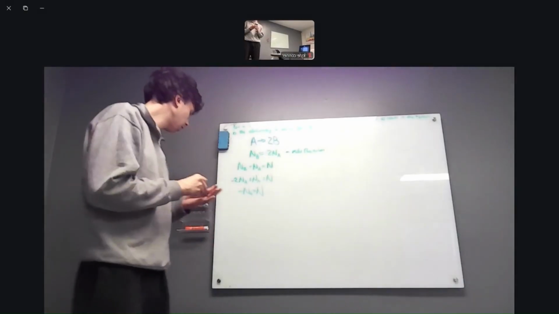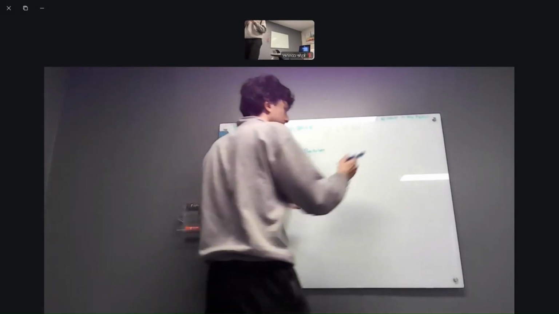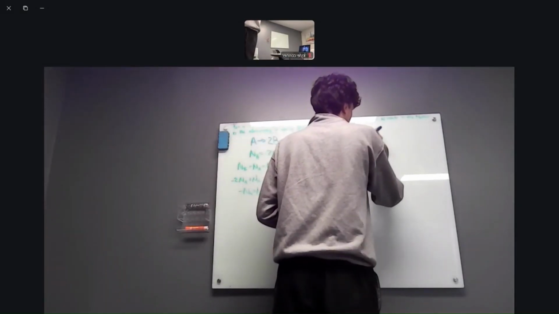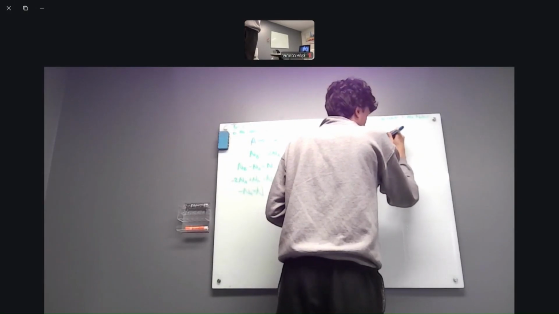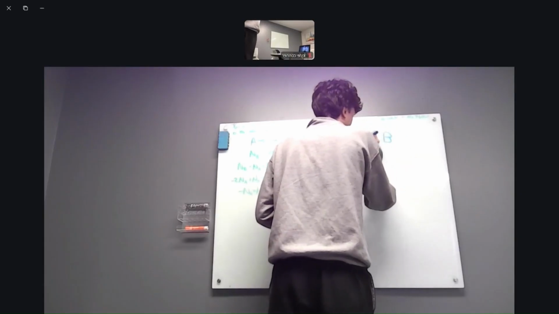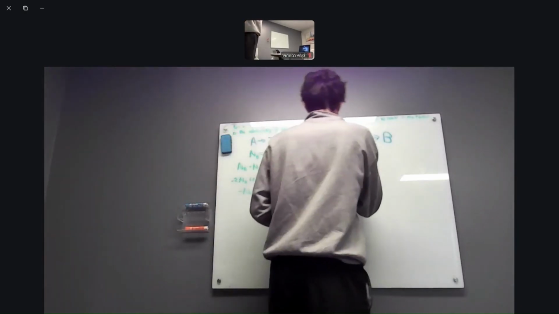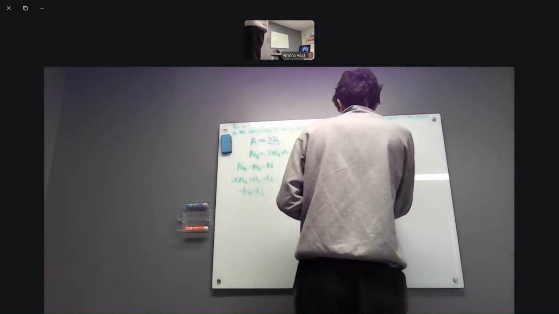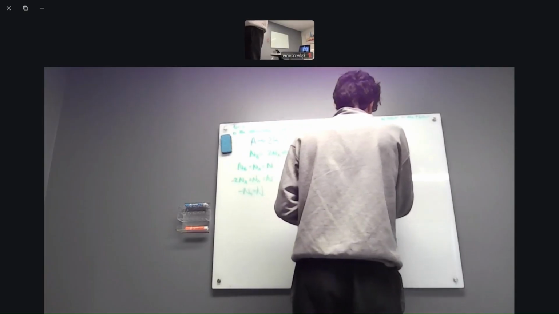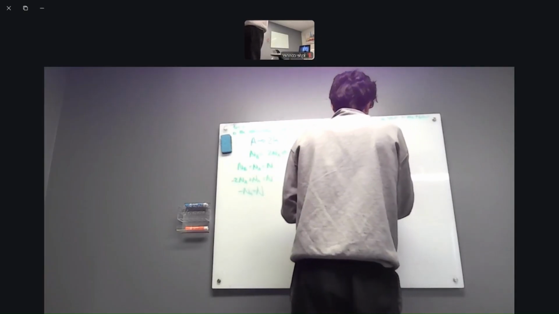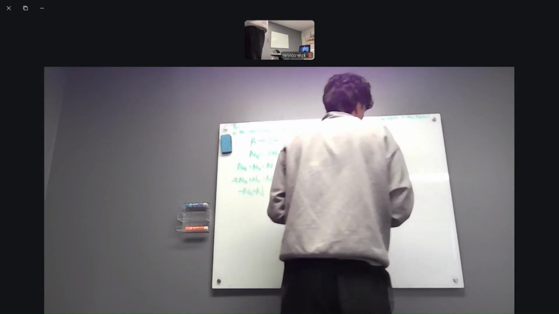So now looking at our other side, that 3A being converted to B. So our molar flux balance is NB, our molar flux of component B, is equal to negative 1/3 NA, or molar flux of NA.